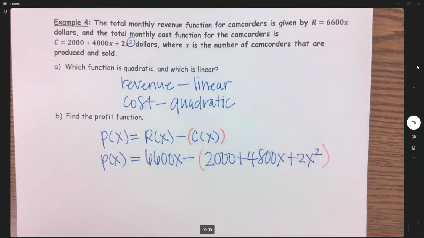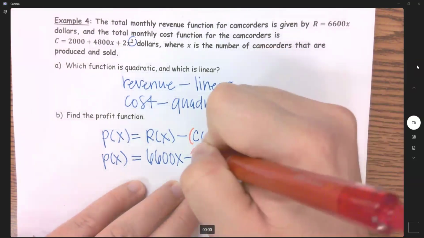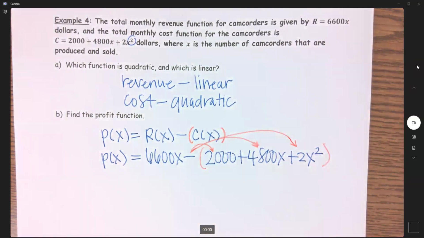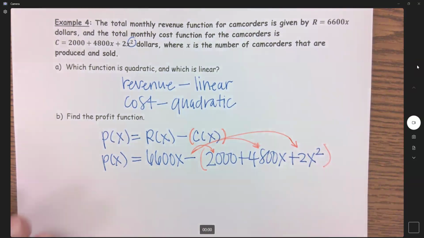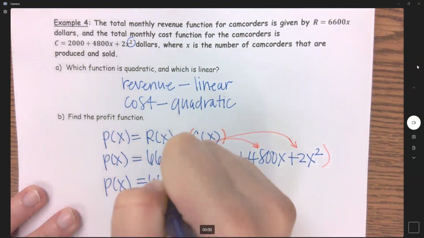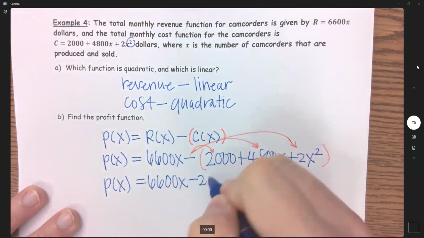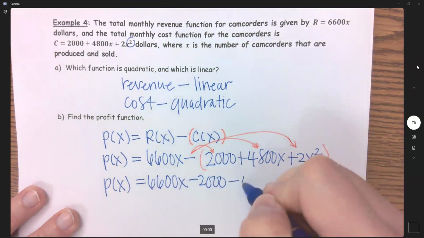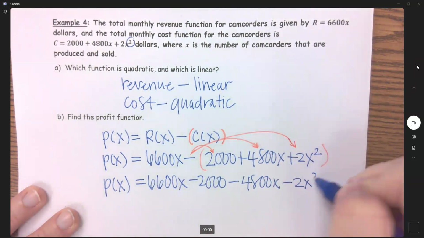So now we're going to distribute this negative into everything. And so positive, positive, positive will all become negative. So we have P of X equals, bringing down that 6,600X, and now minus 2,000 minus 4,800X minus 2X squared.